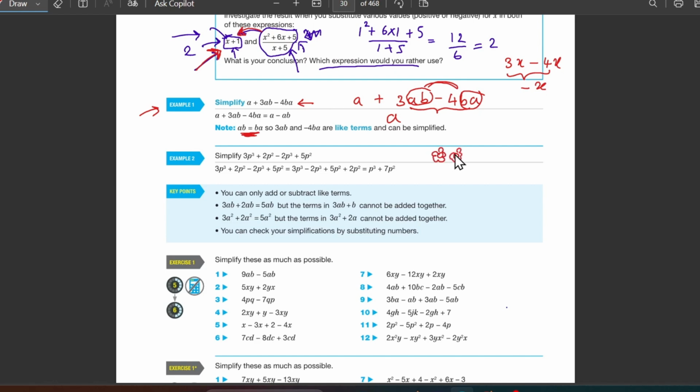There are three flowers, and I want to take 4 flowers from this. But I only have 3, and I want to take 4. So I can take all of these, and still I have to take 1. So that's the meaning of minus. That's why we get minus x here.